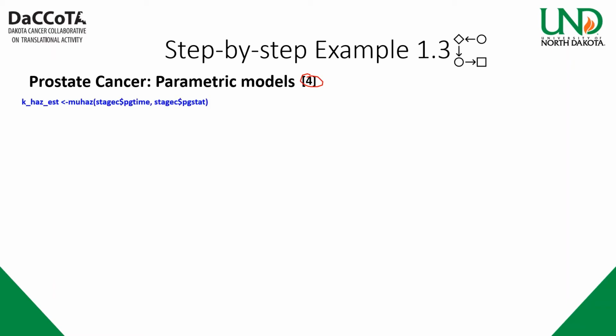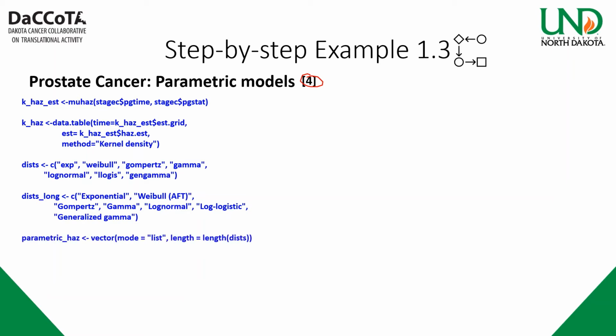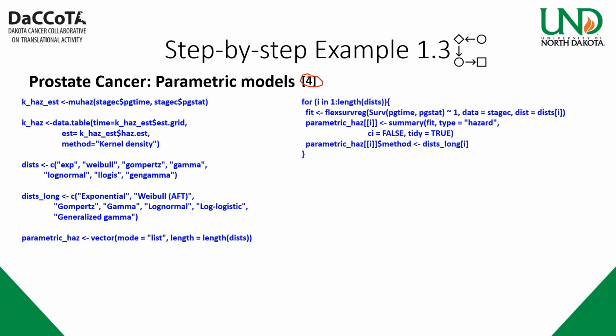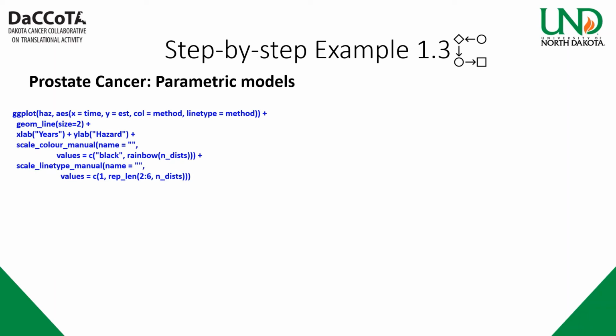So I'm not going to go into too much here, but essentially we need to set up hazard estimates, hazards, get this kernel density, get a bunch of different distributions, have them set up here, and create a parametric hazard using lists, then go through and get parametric hazards from all the distributions for this data set, bind it together, etc., set it up, and essentially once we get all that done here, again, I'll refer you to reference number 4 if you want to see this in action somewhere else.